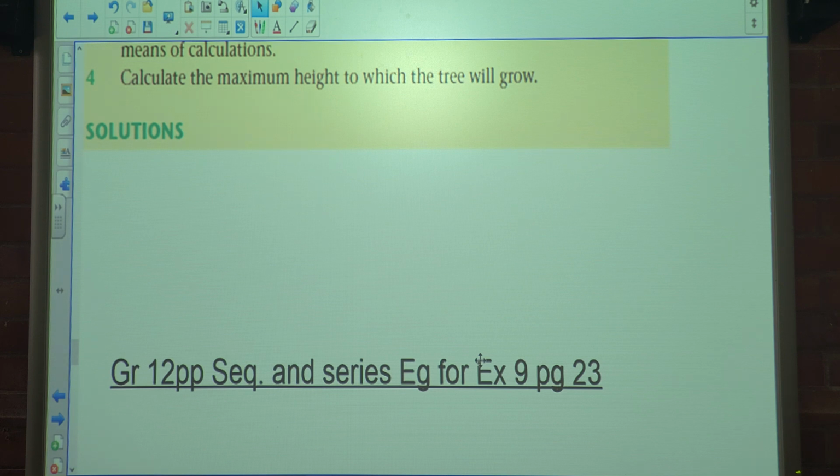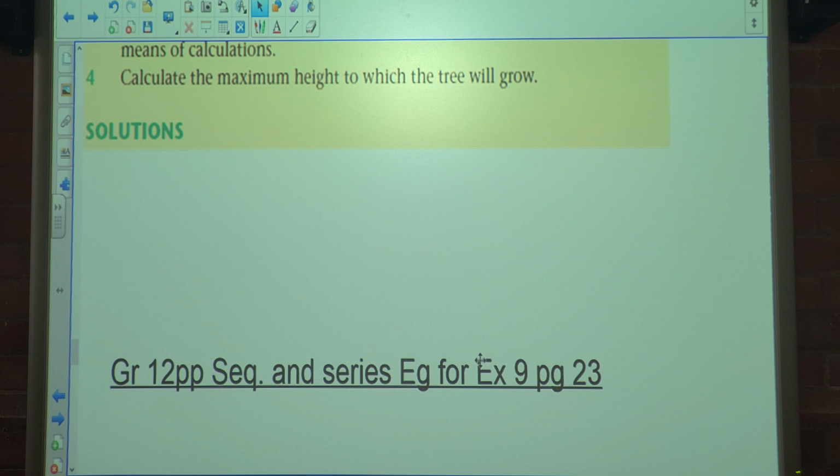What is significant about that 7/8? That 7/8 is lying between which two values? Negative 1 and 1. So it means to say what? This series will converge. Not so. The series will converge.